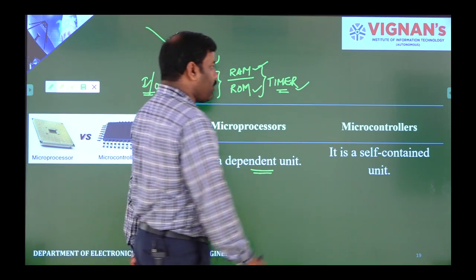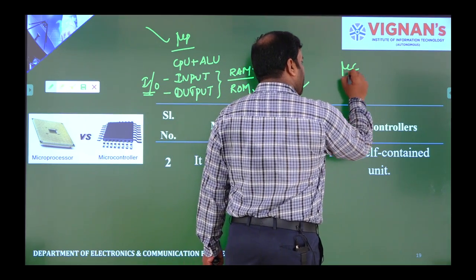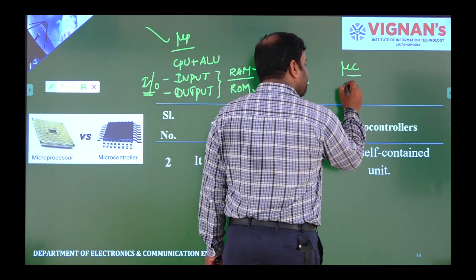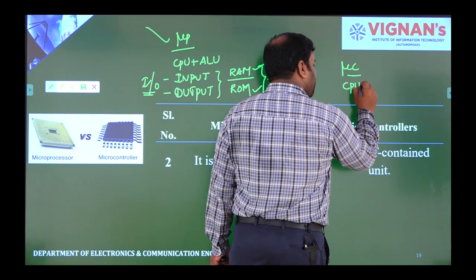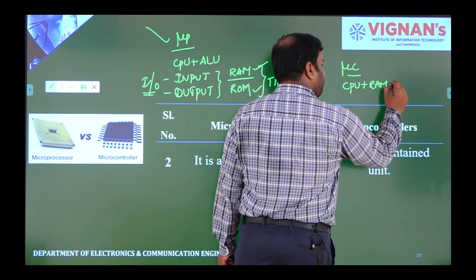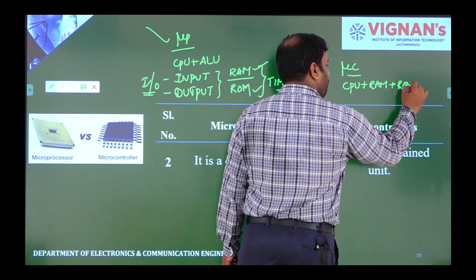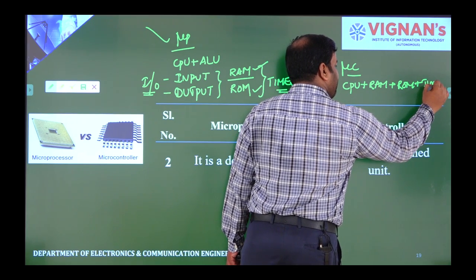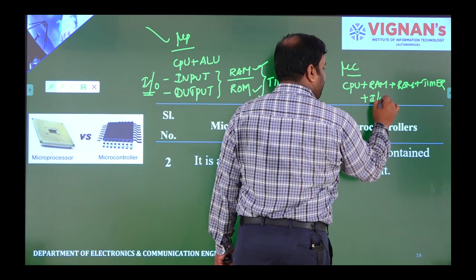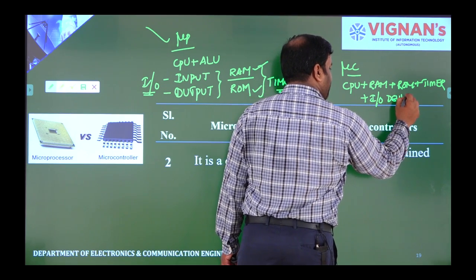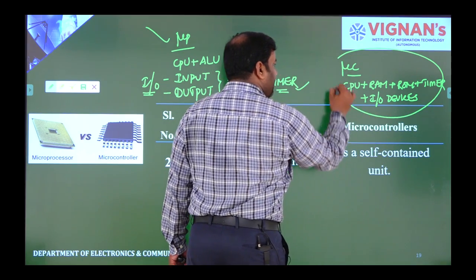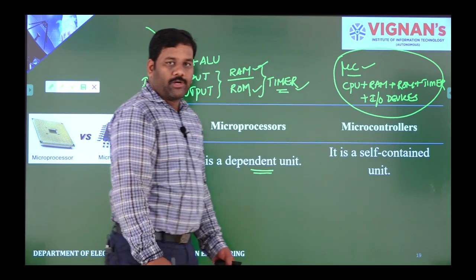While the microcontroller, as we already discussed, already consists of the CPU and RAM and ROM and timer along with I/O device support. All these elements are already inbuilt in microcontrollers.